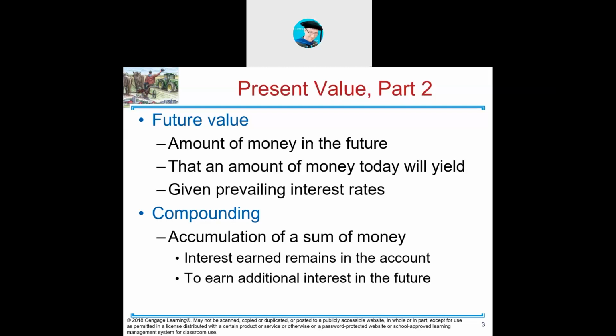And then there's this other thing called compounding. This is where interest earns interest. You've probably heard this term before, compounding. There's a compounding interest rate. Compounding simply means that we leave the interest in the bank untouched, and that interest will earn interest.